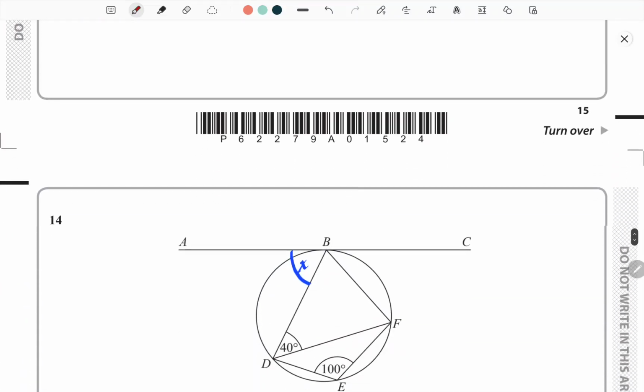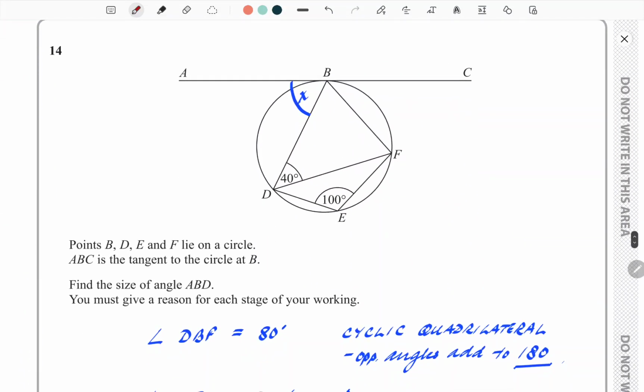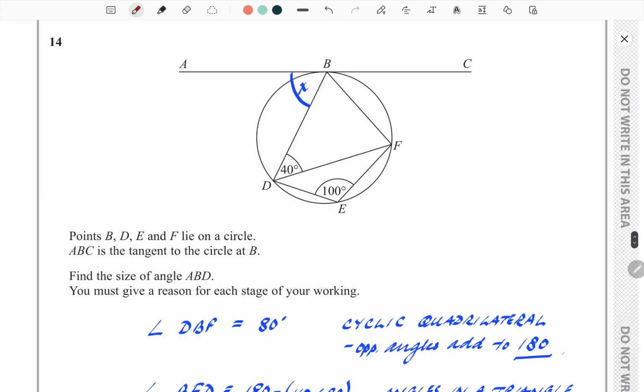All right. Number 14. They've given you a circle theorem question. There's a tangent there, and inside it you have a cyclic quadrilateral.